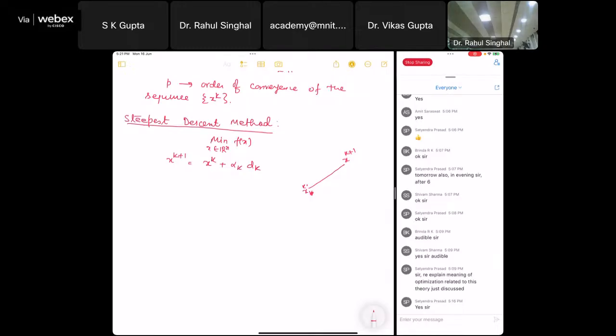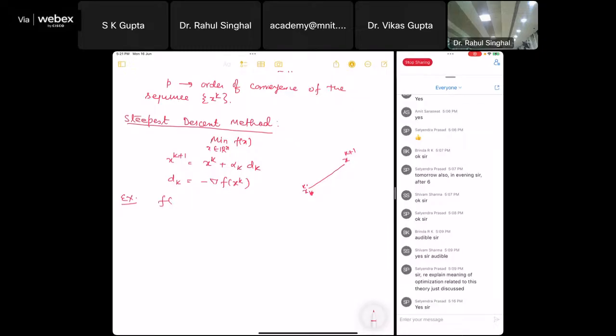And to find the optimal step size, we will show by an example how we can find it. So here dk you can choose as negative of gradient of f(xk) for this method, right? So let us take one example first of all, and then I will explain other properties of the steepest descent method.